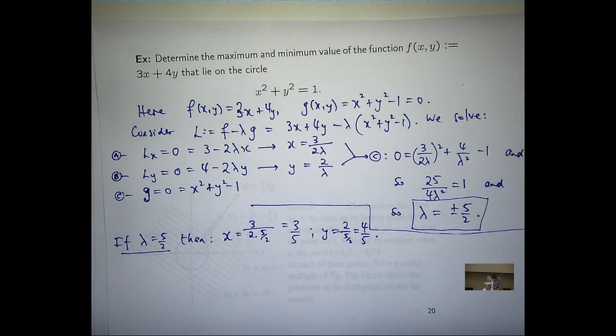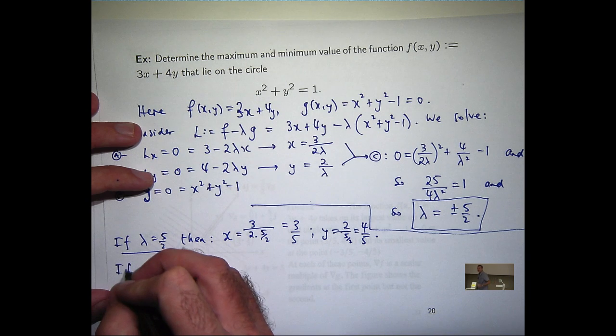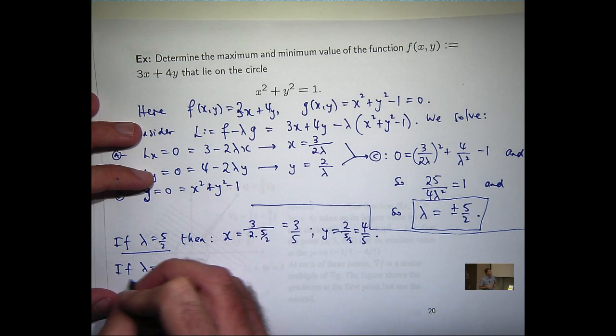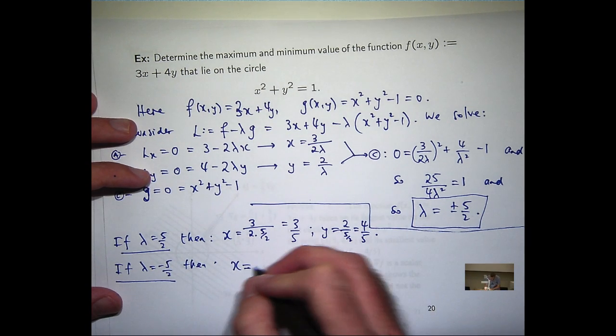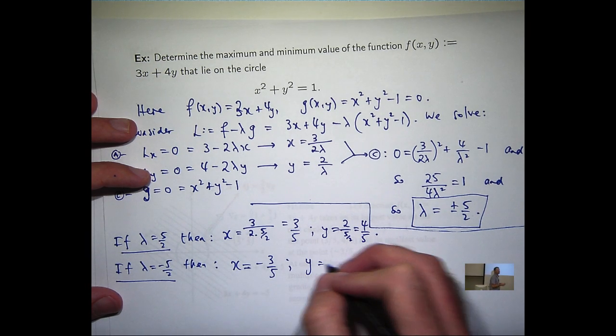What about lambda equals minus 5 on 2? Well, they're going to lead to similar points. Okay, again, just sub in, you're going to get x equals the negative values of the point we just calculated.